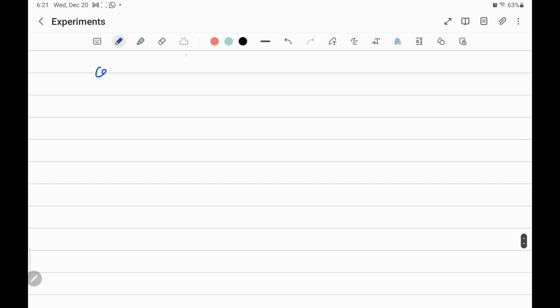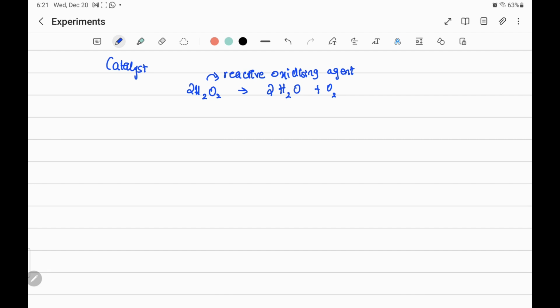Now for a catalyst, it is fairly simple, and it's actually quite similar to the surface area experiment that we did. We're going to use hydrogen peroxide, which decomposes to water and oxygen. Hydrogen peroxide is a very strong, very reactive oxidizing agent. And a catalyst for this reaction that we'll be using is manganese oxide.